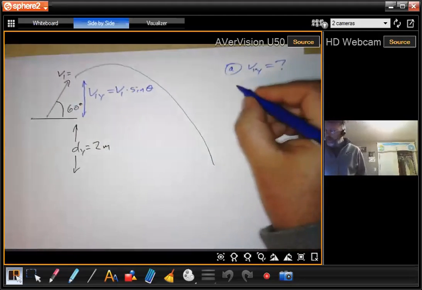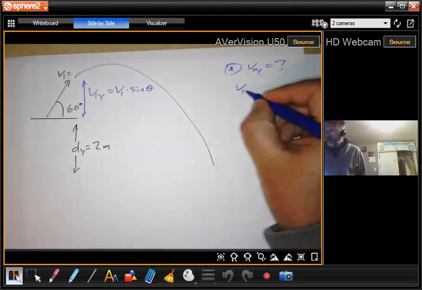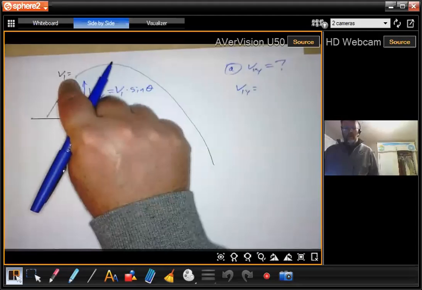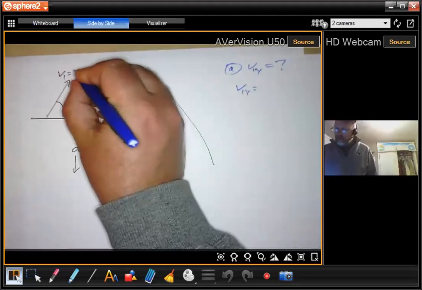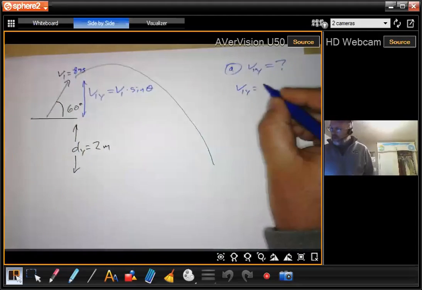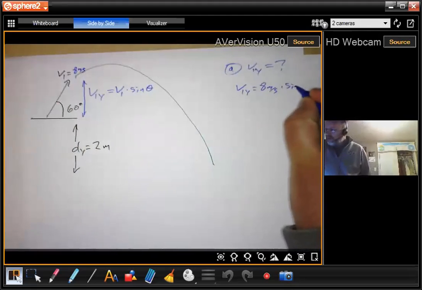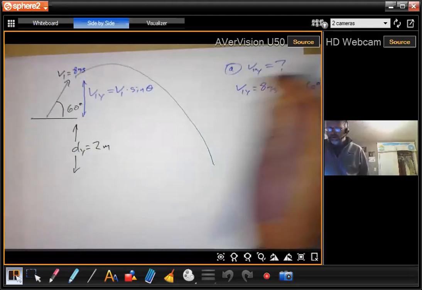So V1 of y is going to equal, whoops, I didn't put what my V1 was. That was 8 meters per second, times the sine of 60 degrees.